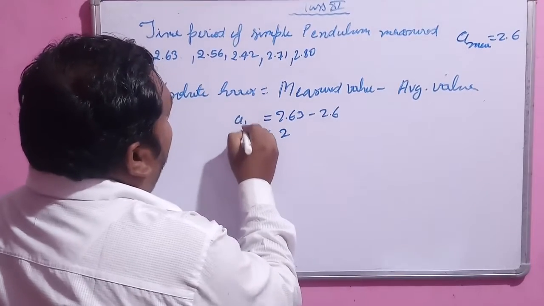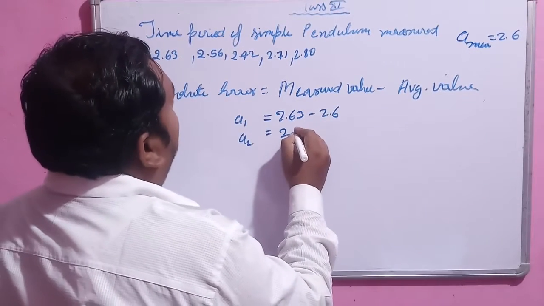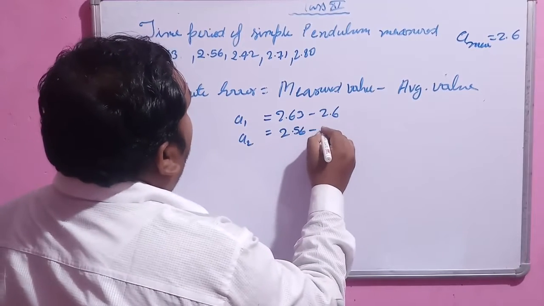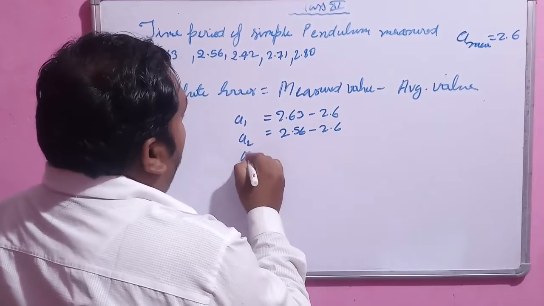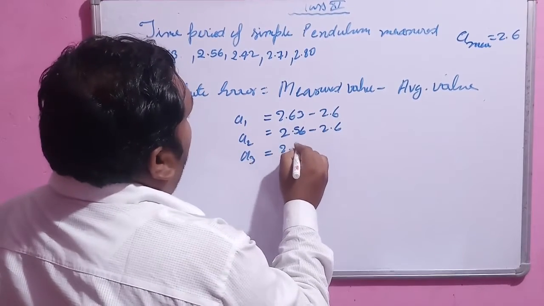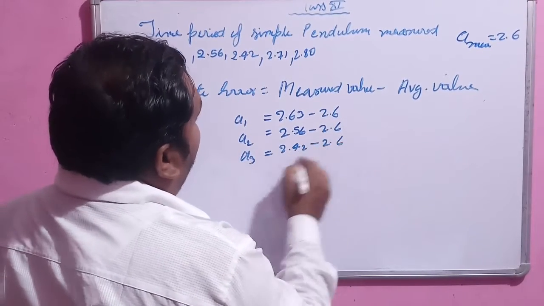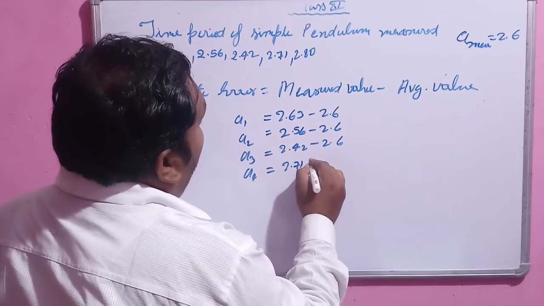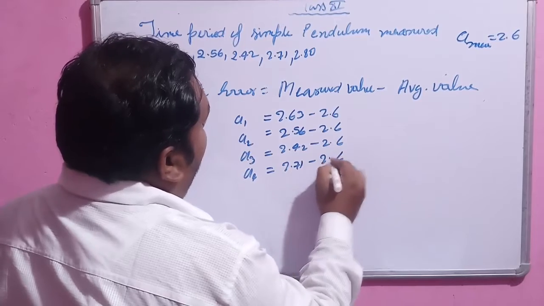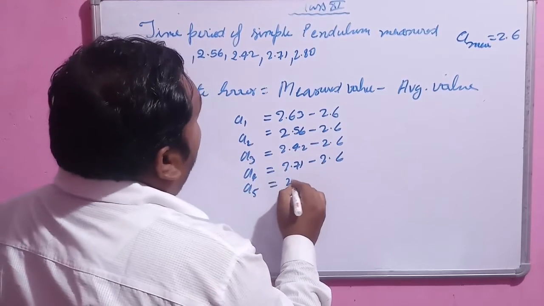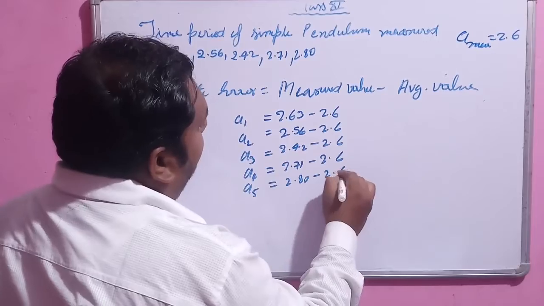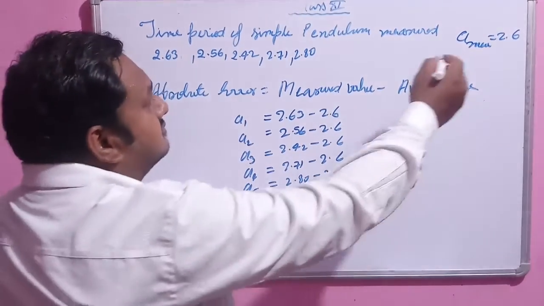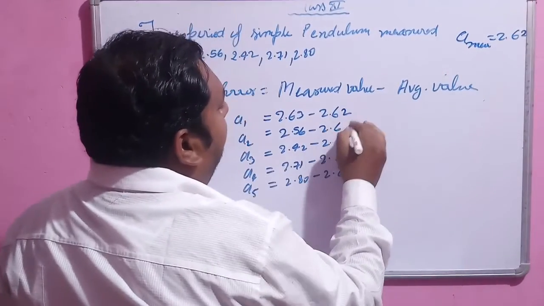So this is A1. A2 will be 2.56 minus 2.6. A3 will be 2.42 minus 2.6. A4 will be 2.71 minus 2.6, and A5 will be 2.80 minus 2.6. I am not rounding off.